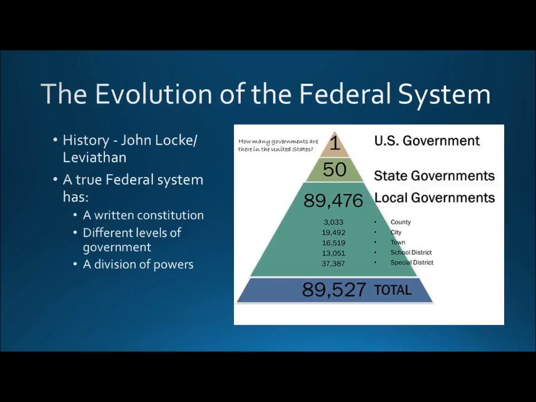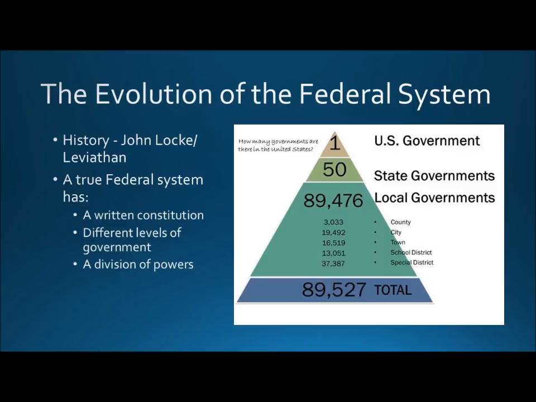A true federal system has three elements. It has a written constitution that divides government powers between the central government and the constituent governments, giving substantial powers to each. A federal system also has different levels of government, through their own instrumentalities, exercising power directly over citizens, unlike a confederation in which only subnational units act directly on citizens, while the central government acts only on the subnational governments.